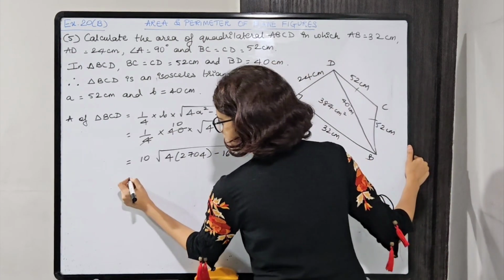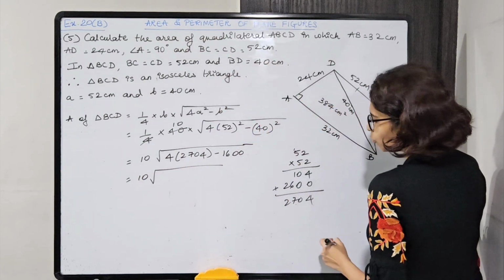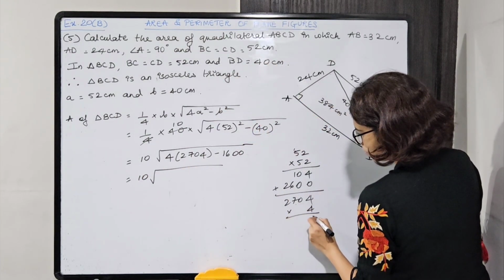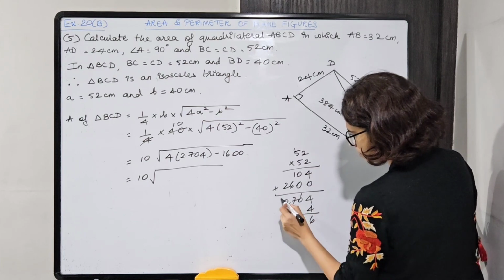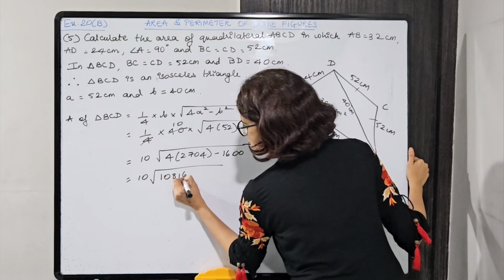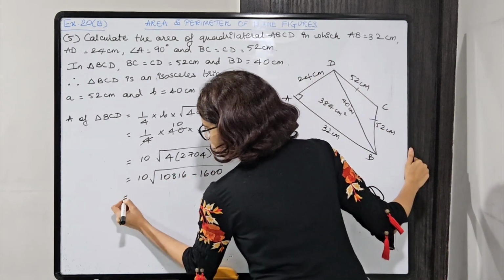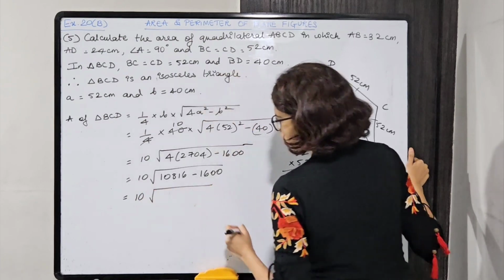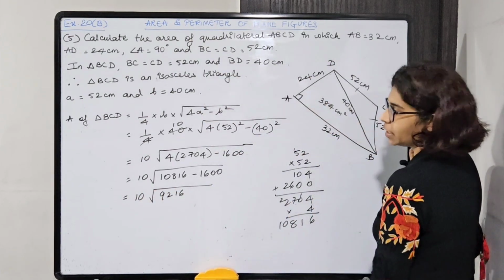Okay, 4 into 2704, 10,816 minus 1600. So that will give 9216, correct?